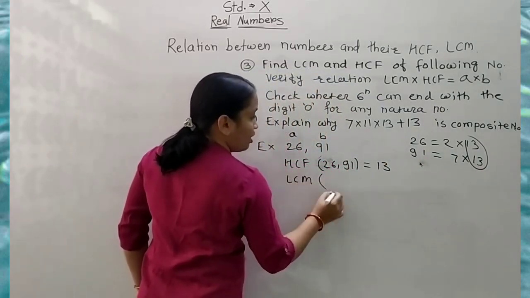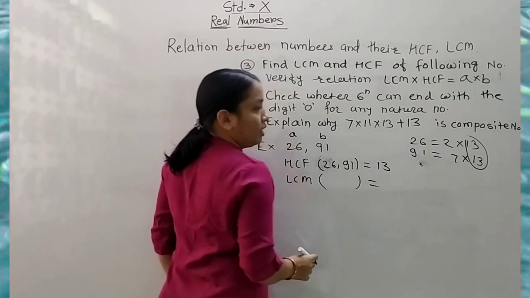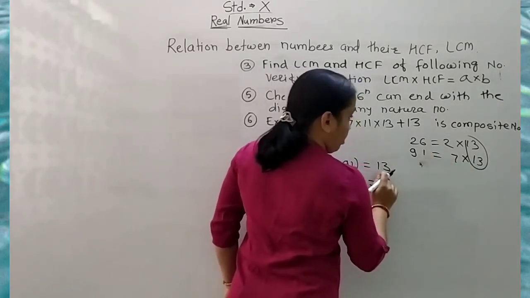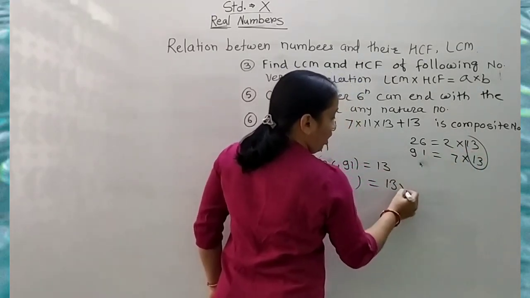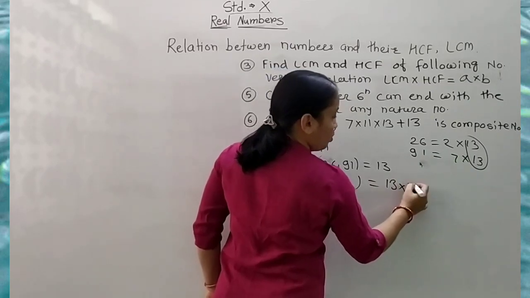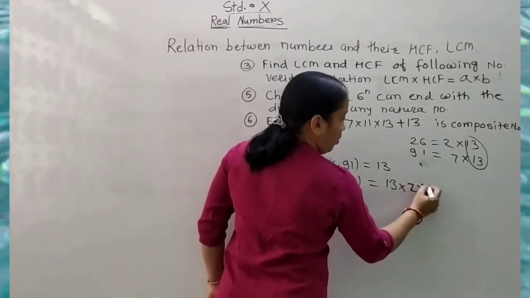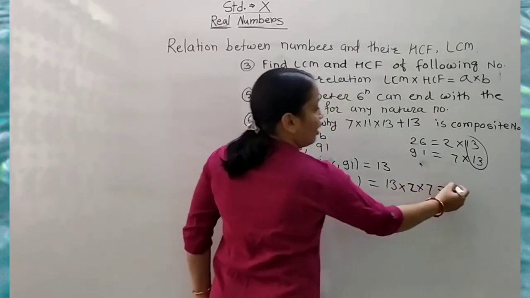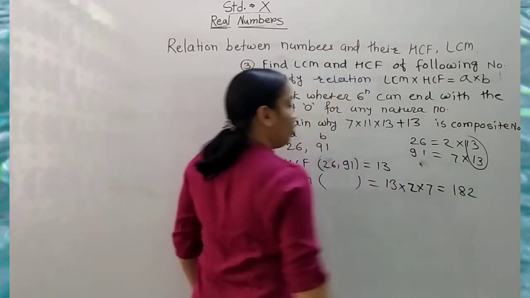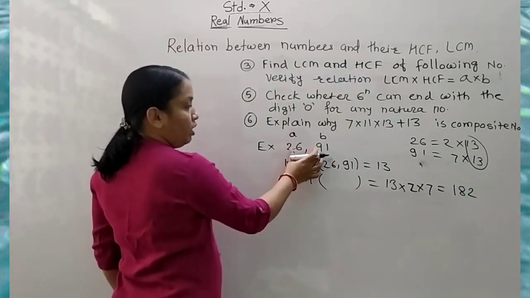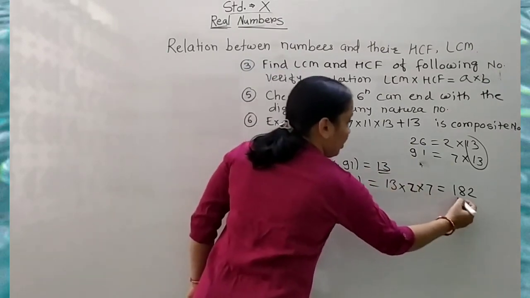What is LCM? LCM of these two numbers is the common 13 into all the uncommon ones, that is 2 into 7. After multiplying, it will be 182. Now you know A and B and you know the HCF and LCM.